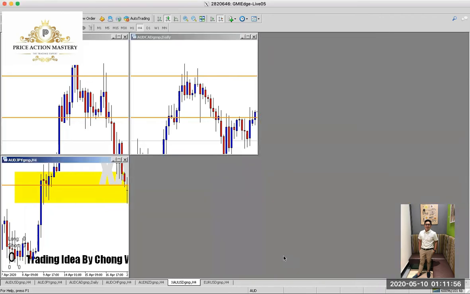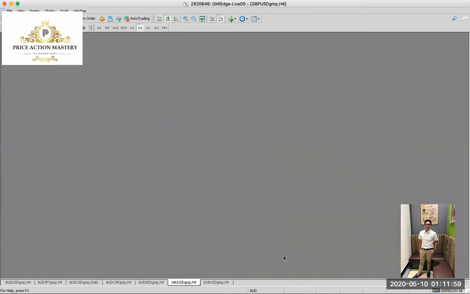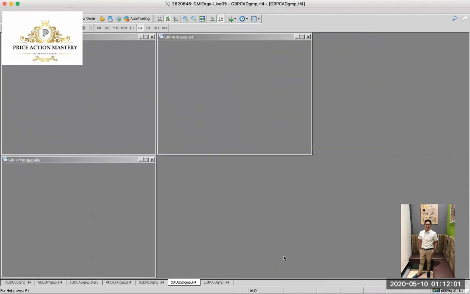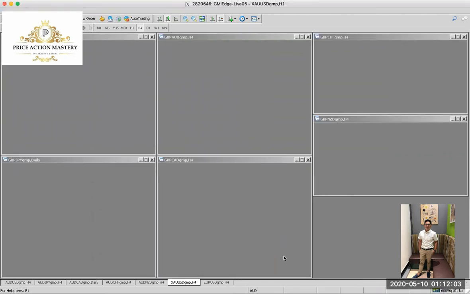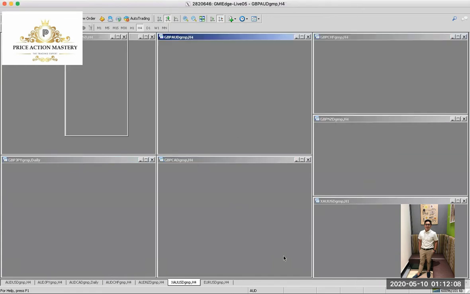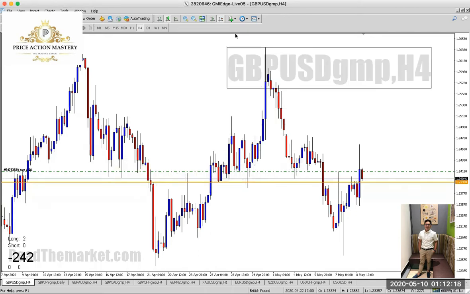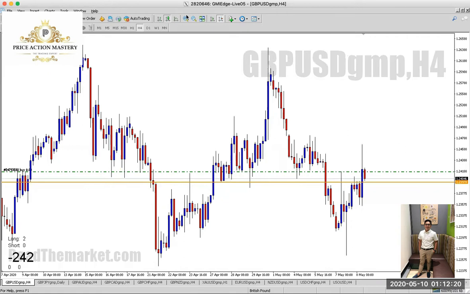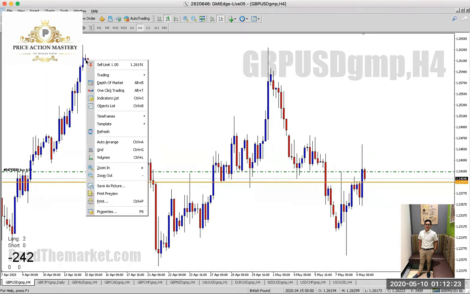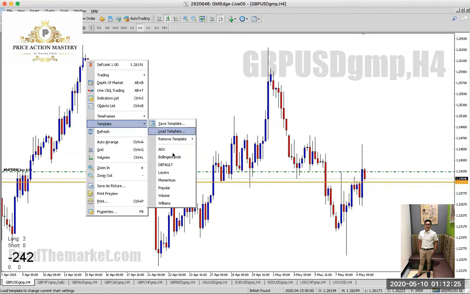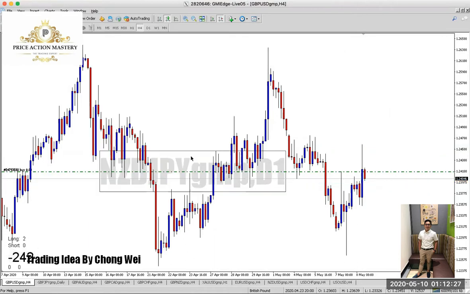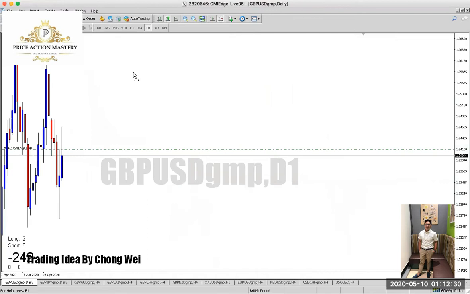Let's look into another chart. GBP USD. Let me set the chart to default.